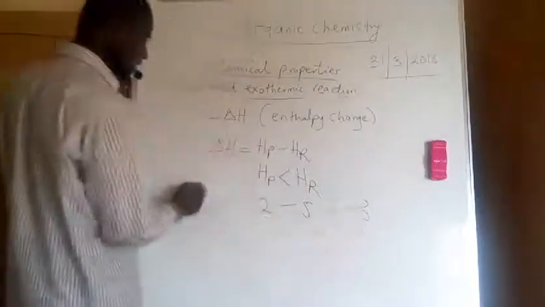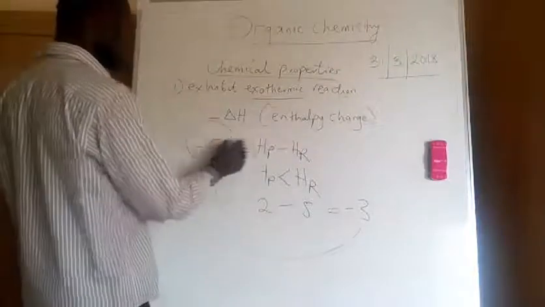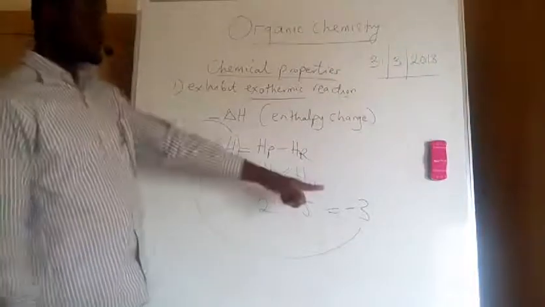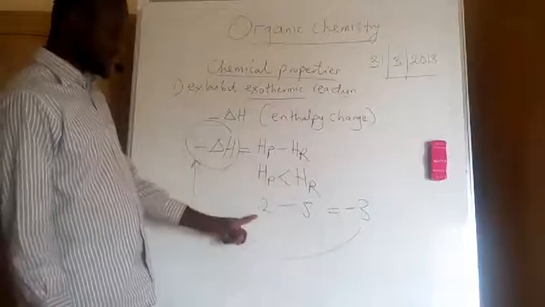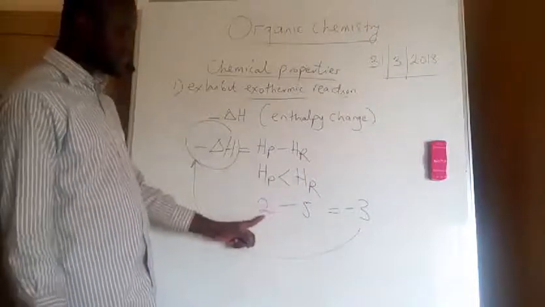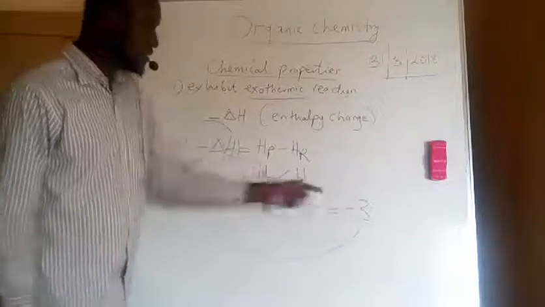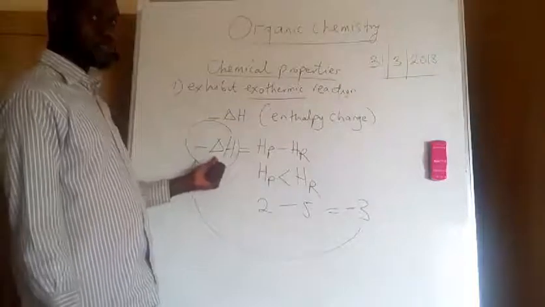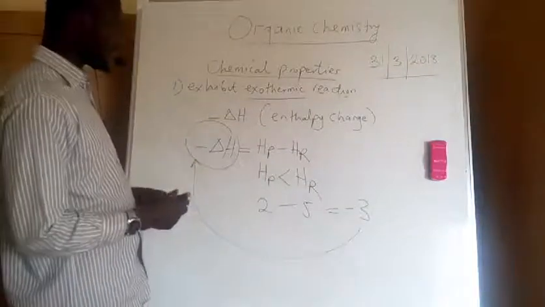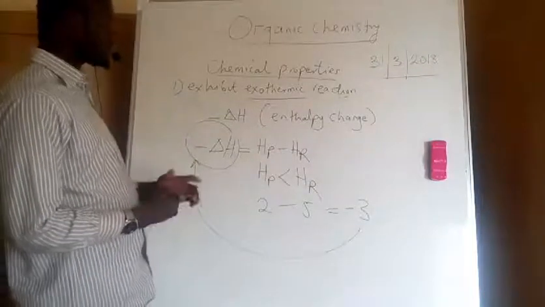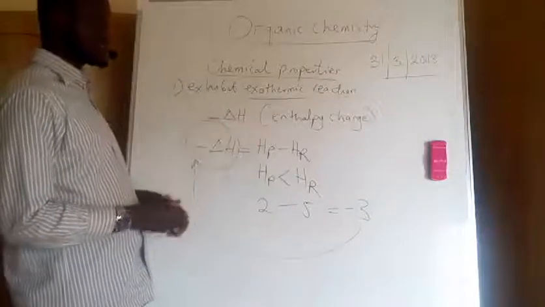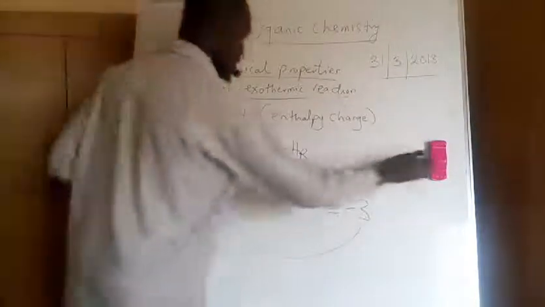This is why I will have a negative enthalpy change, because my final answer is negative. The difference between HP and HR is my enthalpy change. So the delta H of an exothermic reaction is always negative.